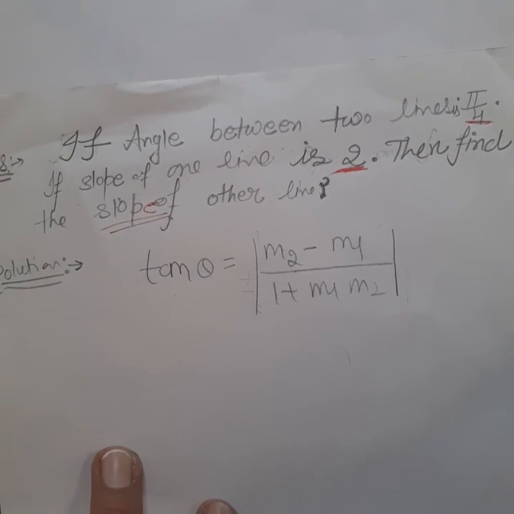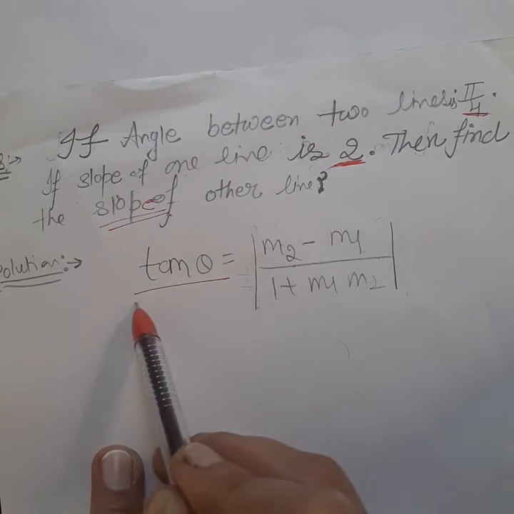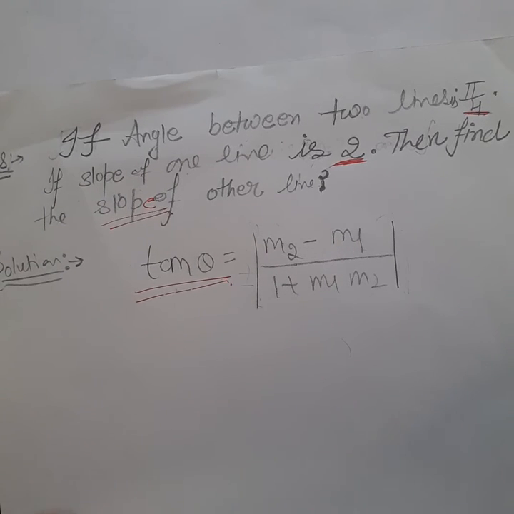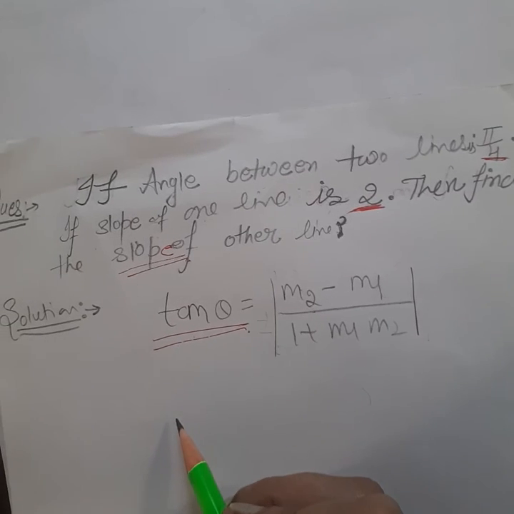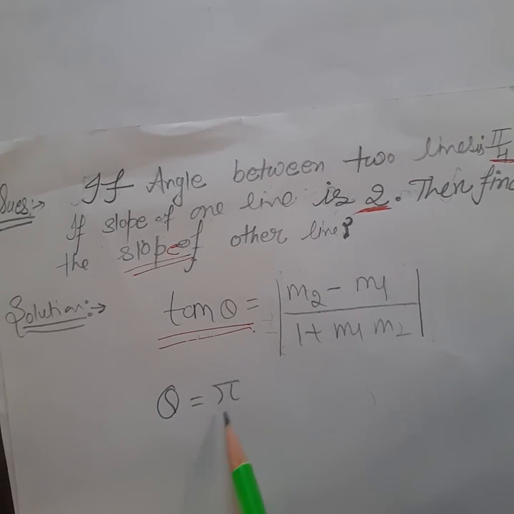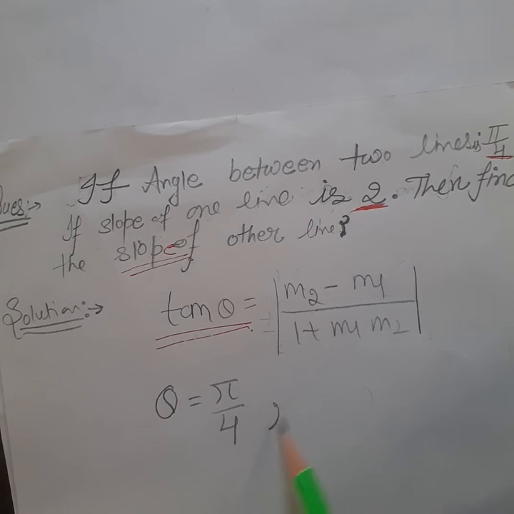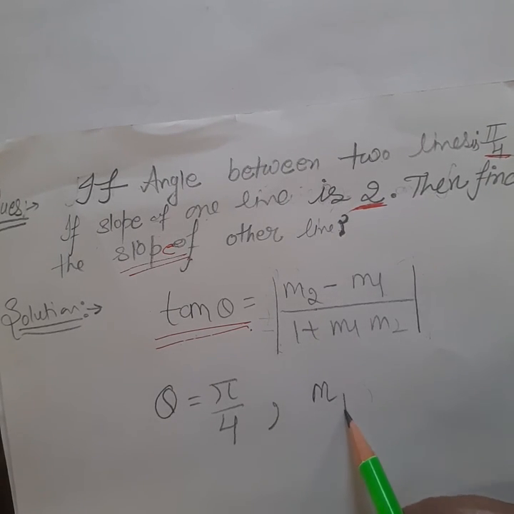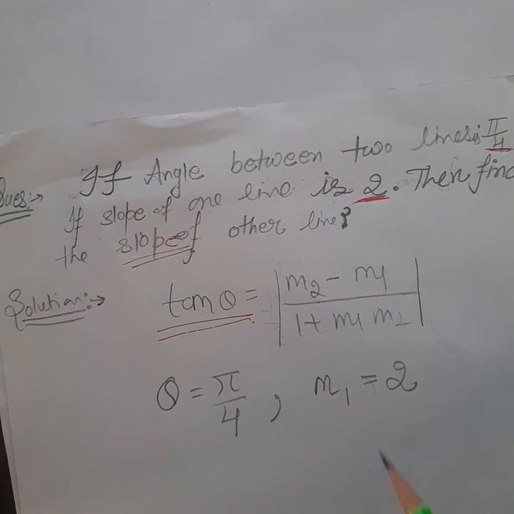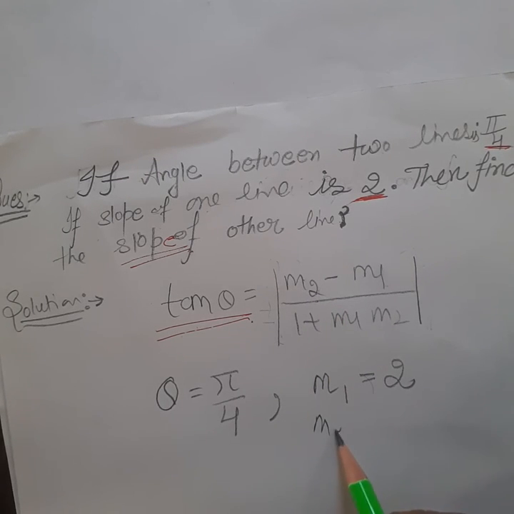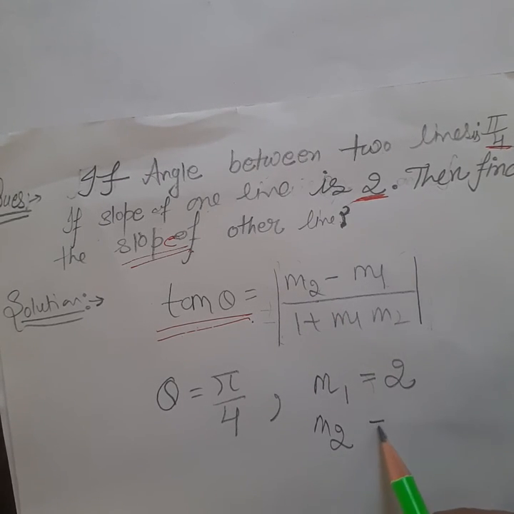We can use the formula of tan theta. First of all we write what we are given: theta is equal to pi by 4, and m1 is equal to 2, and the value of m2 we write as m.